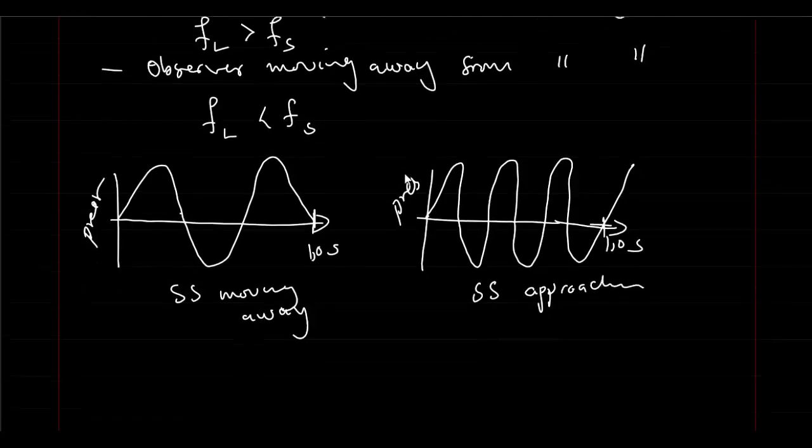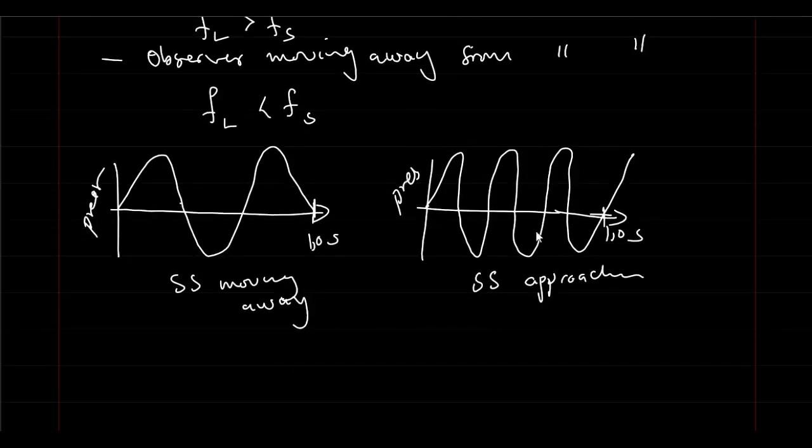So now, let's compare the frequency of these two waves. Let's say the time here is 0.7 seconds, right? And remember, what is a period? A period is the time whereby a full wave passes a fixed point, right?